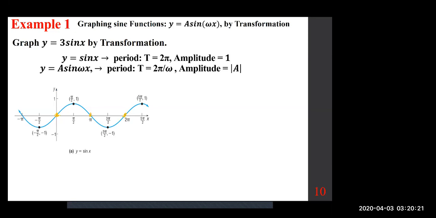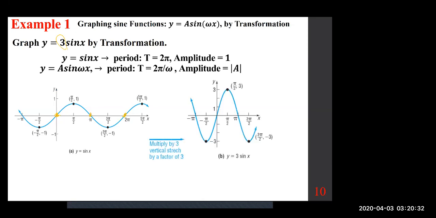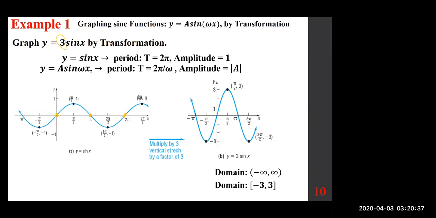What changes is the amplitude is now number 3. Do you see that, everybody? If you want to go with the transformation, there's a vertical stretch. That's understood, which means your domain is not changing. It's all real numbers. It is the range, which was negative 1 to 1 here, that is no longer the case.